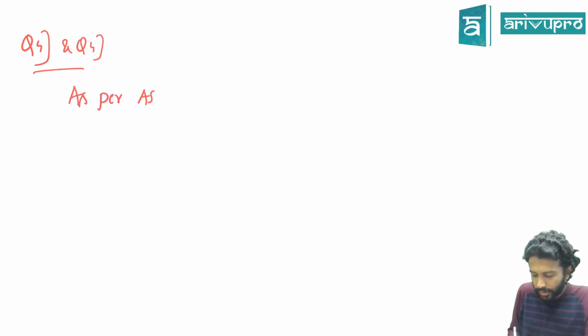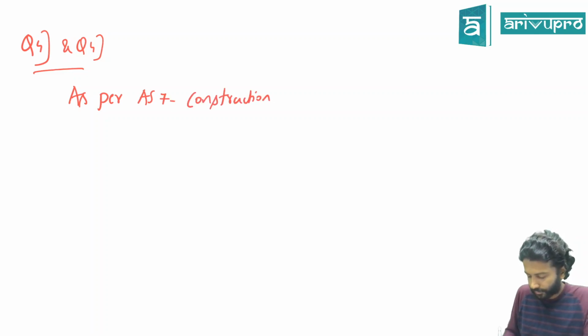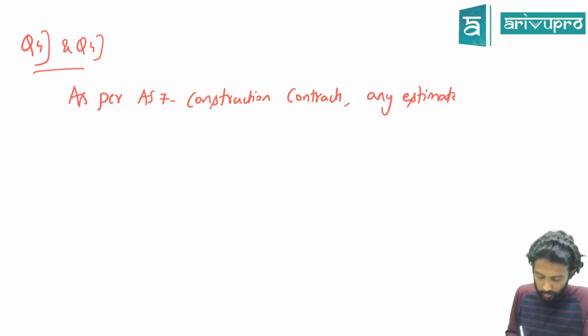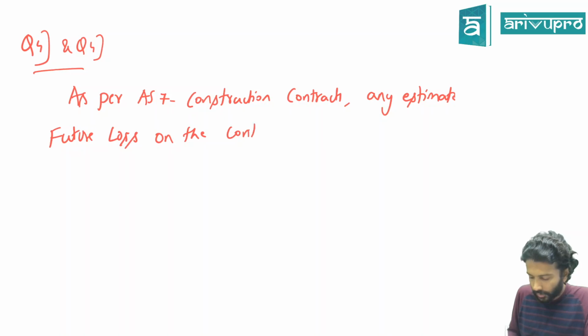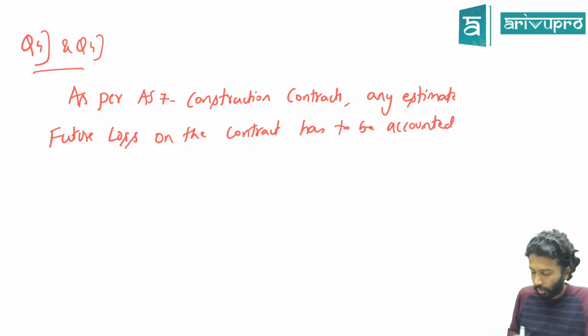As per Accounting Standard 7, Construction Contracts, any probable or any estimated future losses on the contract has to be accounted.